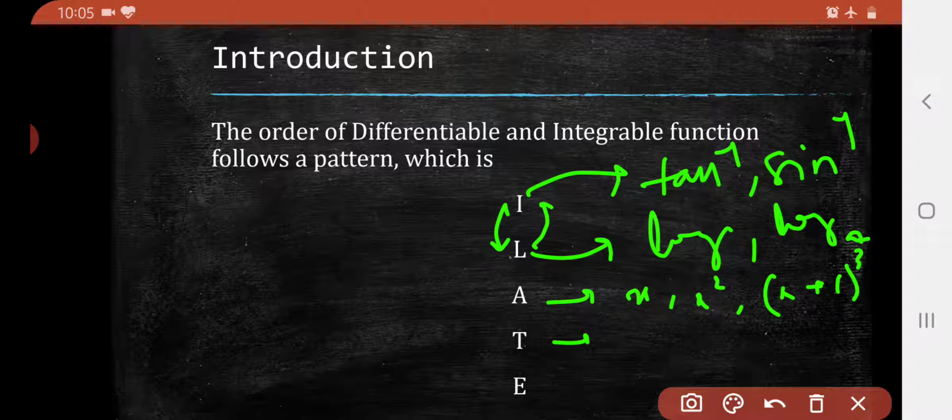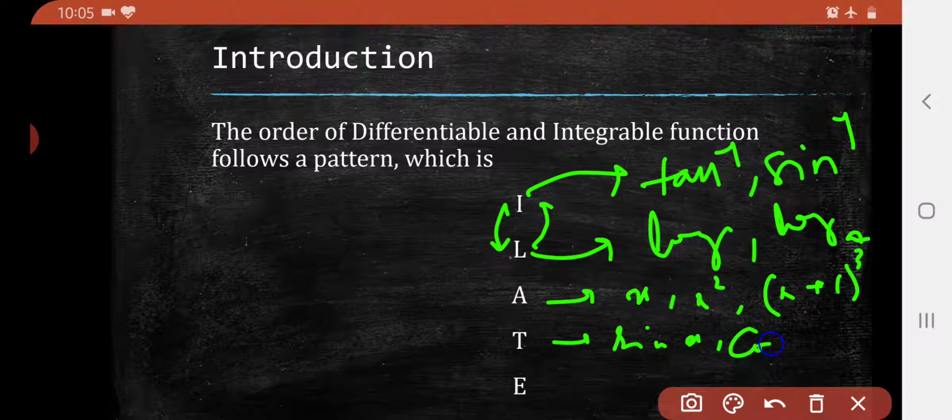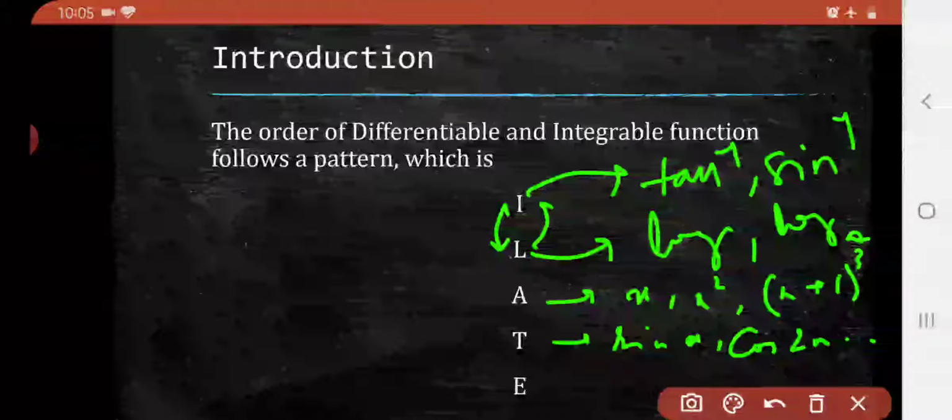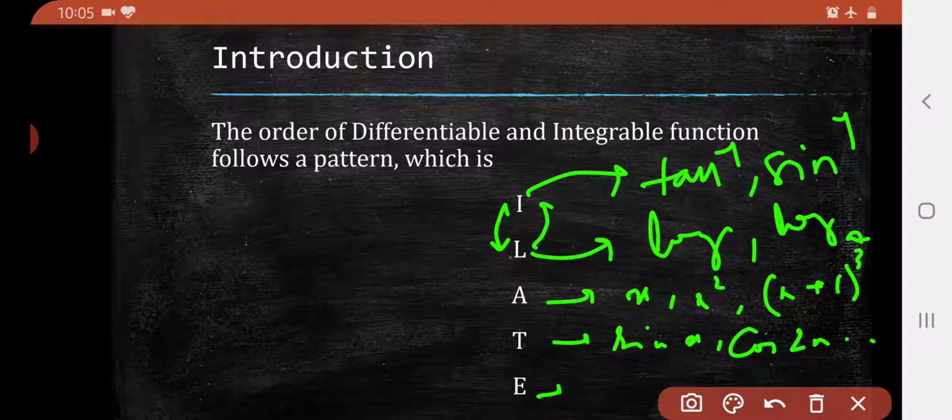T stands for trigonometric functions, so it can be sine x, cos 2x, anything. And E stands for exponential functions, so e to the power x, e to the power 2x plus 3, whatever. So these are all the different kinds of functions that we have.